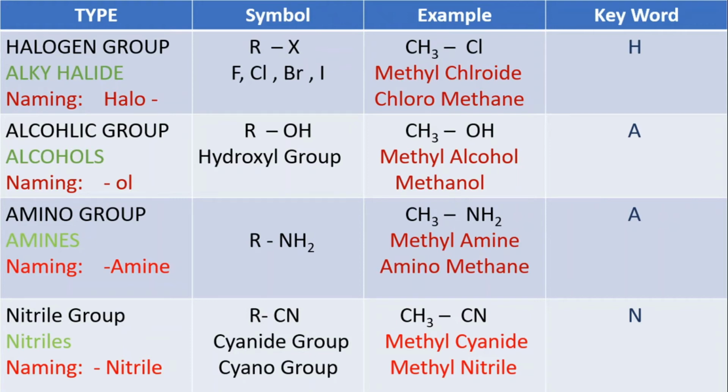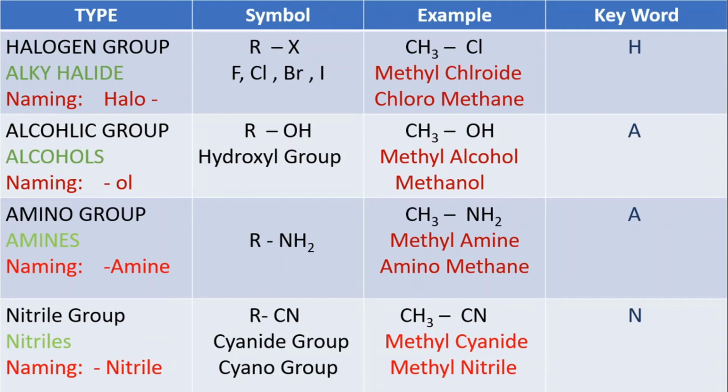They are normally symbolized with the letter X. Whenever a halogen gets attached with an alkyl group, we get a new organic compound which is called alkyl halide, as it contains both alkyl group and halogen group.